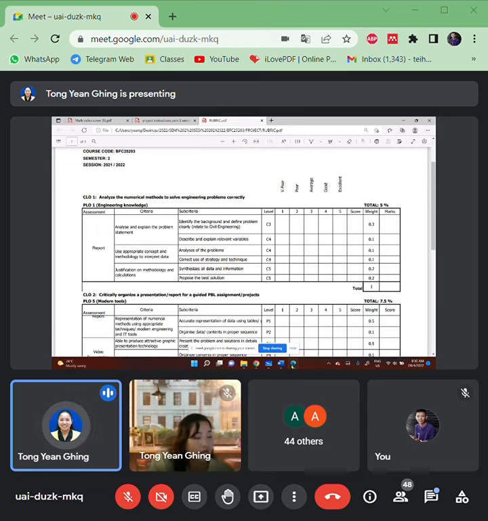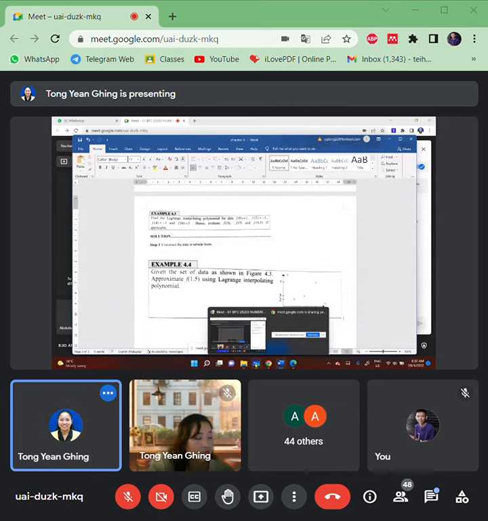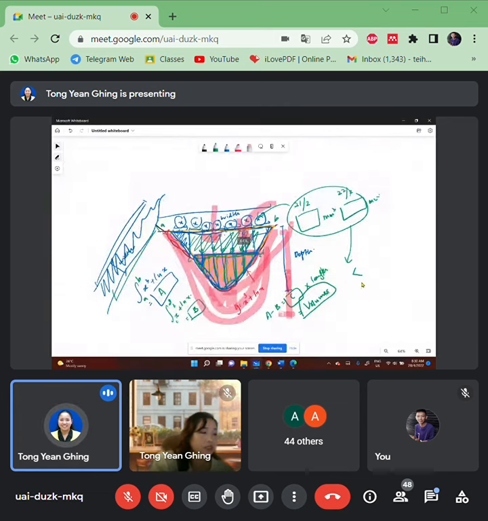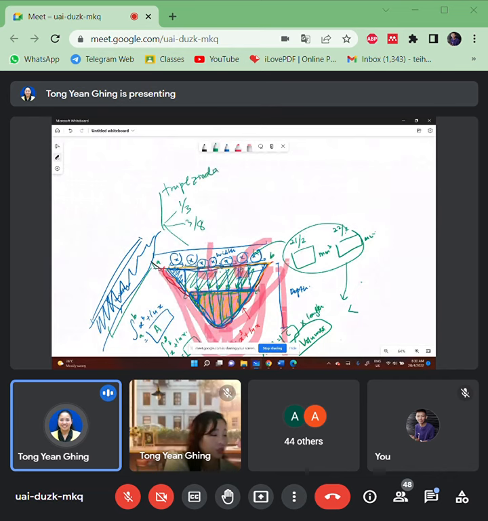Let's say you want to do Simpson's numerical method. Maybe you haven't learned numerical methods, but it doesn't matter. Numerical methods have a few methods: Simpson's 1/3 rule, Simpson's 3/8 rule, and trapezoidal, which is not covered in your syllabus, but doesn't matter.